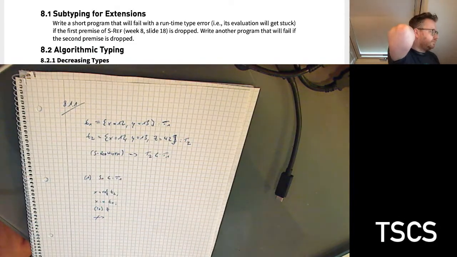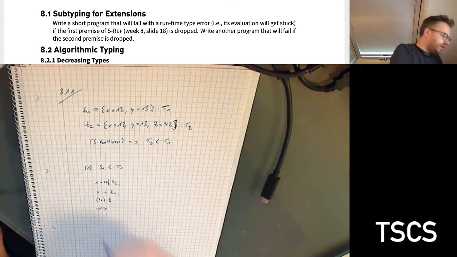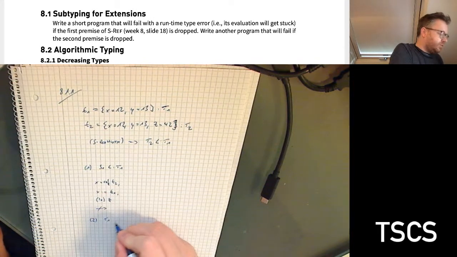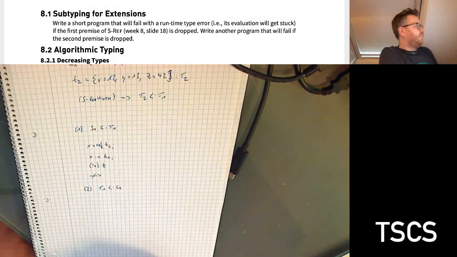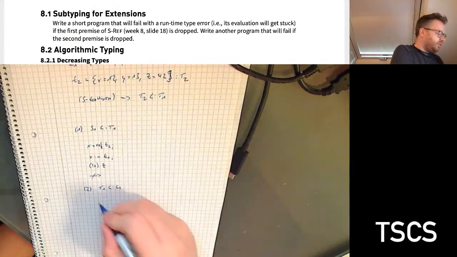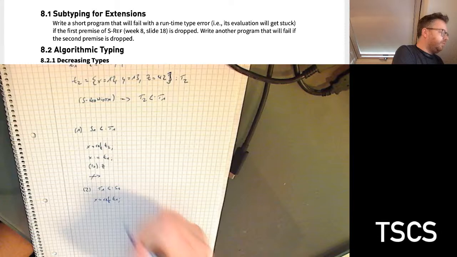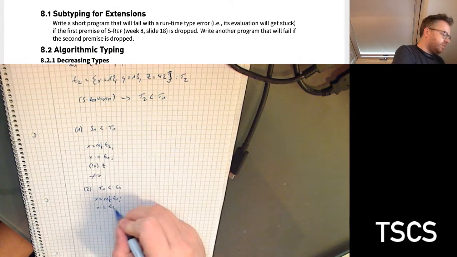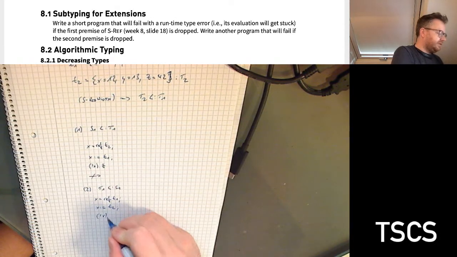And then we'll have the opposite case, when we drop T1 subtype S1. Then if we say x is a reference to T1 now, and we do the vice versa assignment, x is now T2, and then we do this.